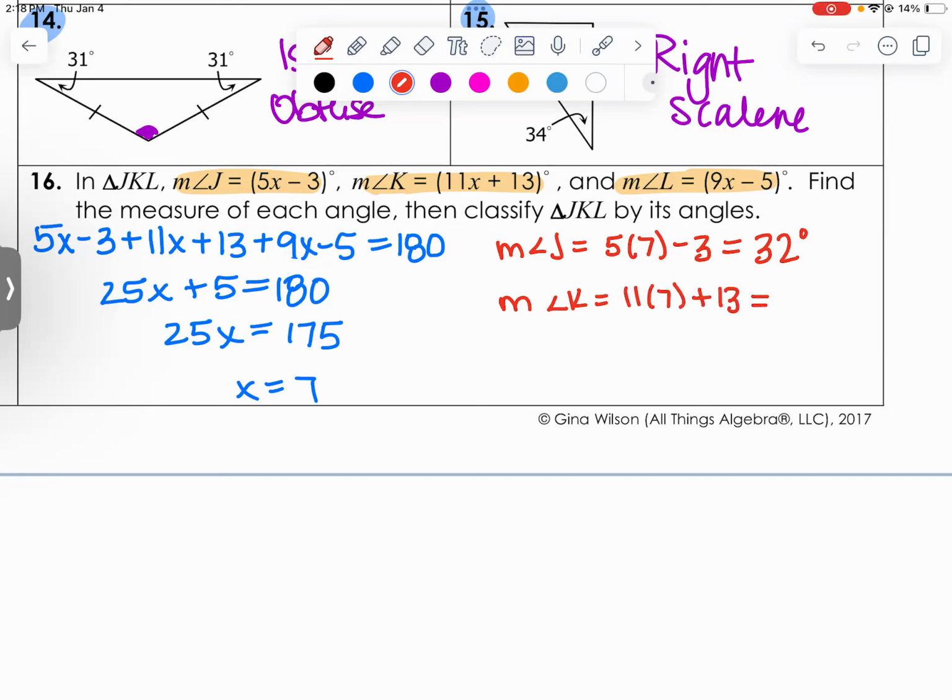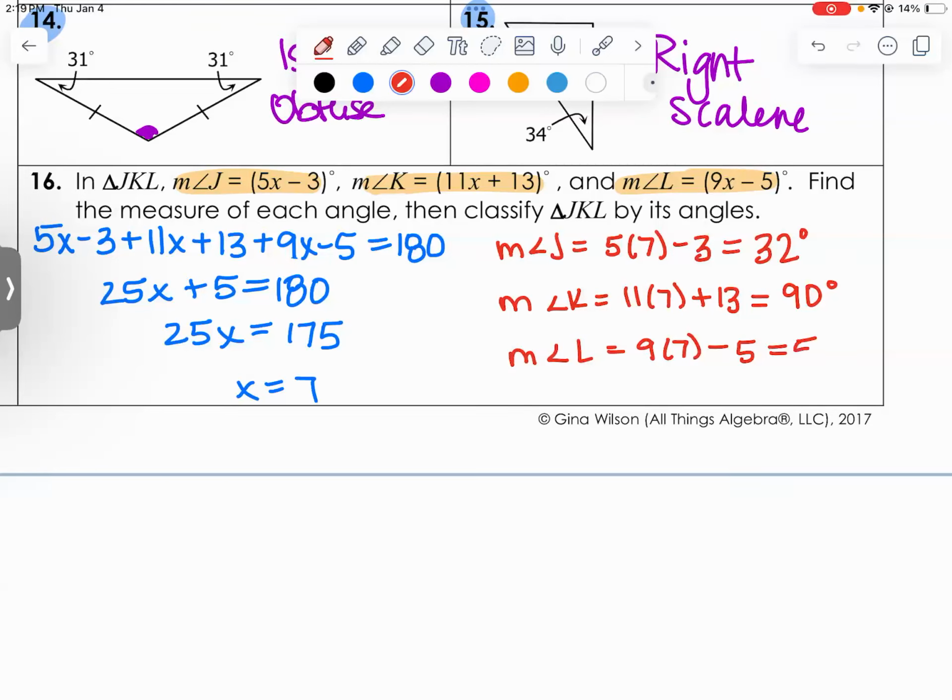Well, if X is 7, 11 times 7 plus 13, exactly 90? Interesting. And the measure of angle L, 9X minus 5. 58.